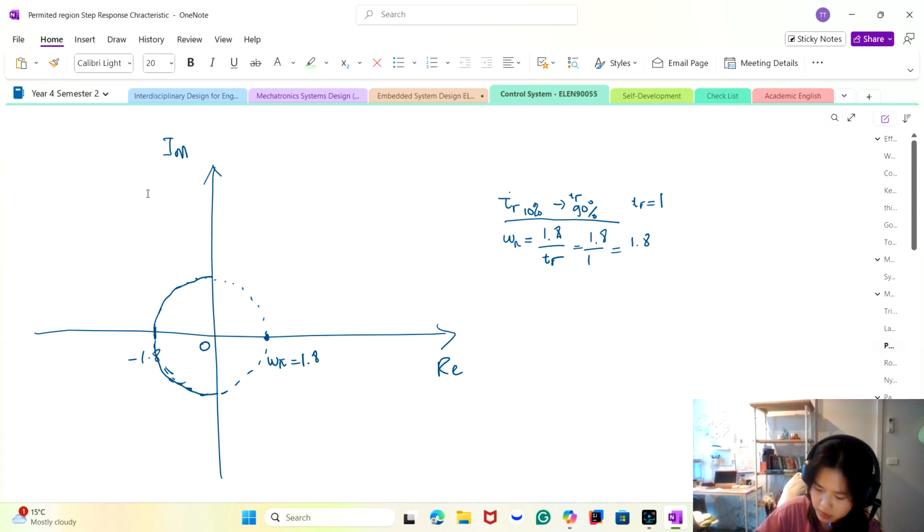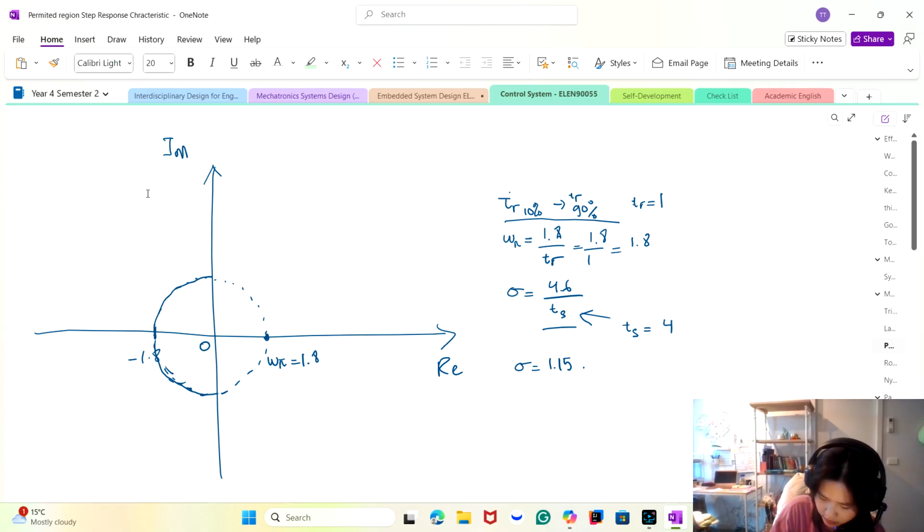We're gonna find sigma. Sigma equals 4.6 over the settling time. So let's say the task gives you a settling time equal to 4. So your sigma equals 1.15. You mark your sigma on the axis.